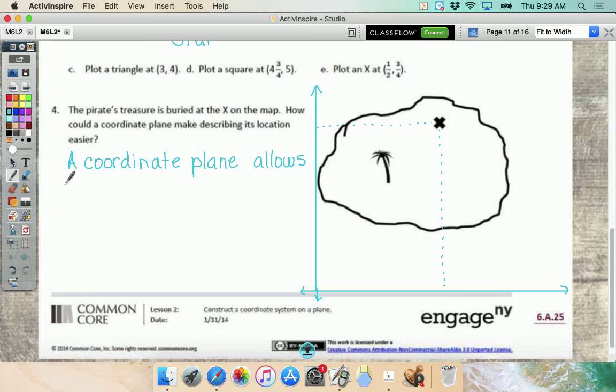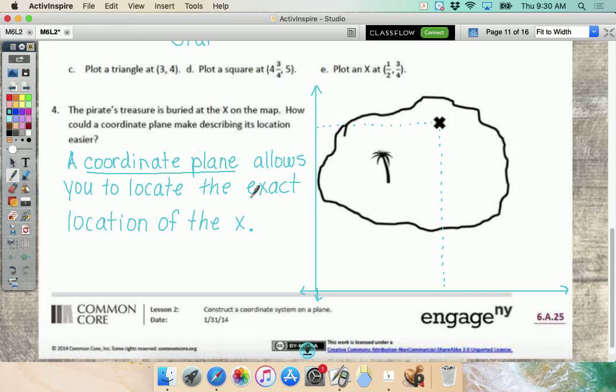Okay, the coordinate plane allows you, I love your vocabulary, to locate, and I'm going to change what you said a little bit, the exact location of the x. Does that make sense? Okay. Thanks for the vocabulary words. Look at the words that are important here. And instead of location, could I have used coordinates? Yeah. I could have. So I could have substituted coordinates for location. And that would have sounded even more sophisticated, wouldn't it?